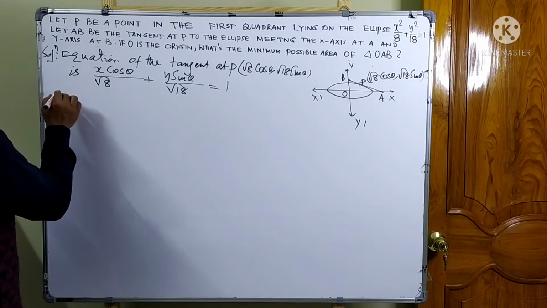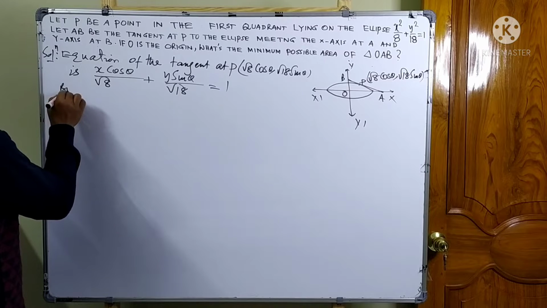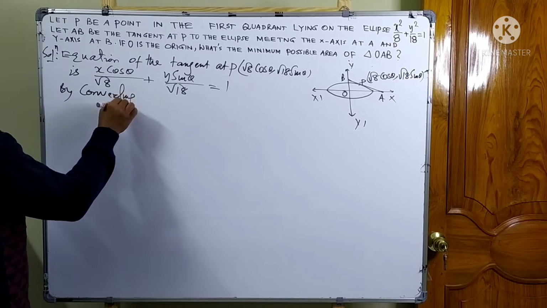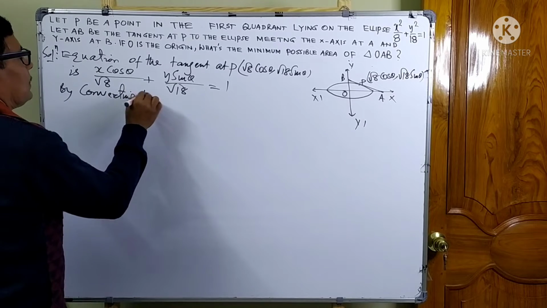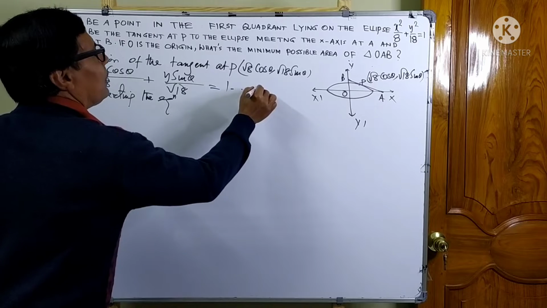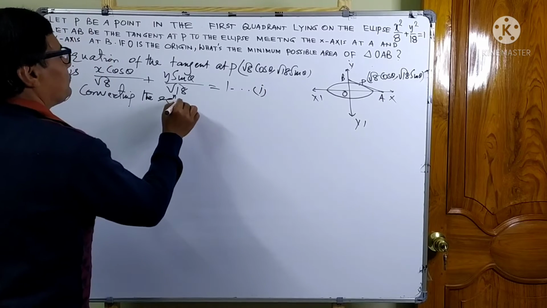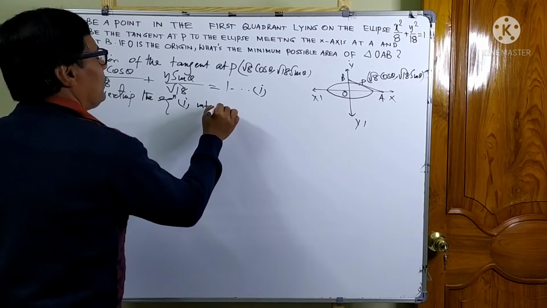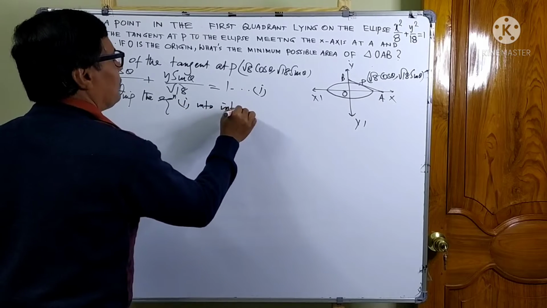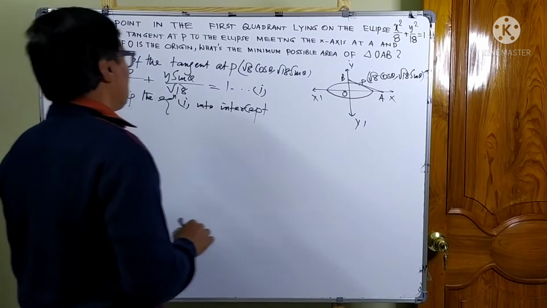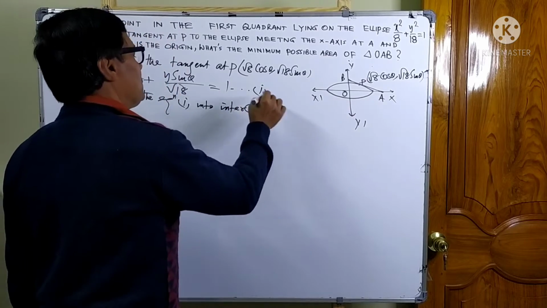By converting the equation into intercept form, we can convert the equation of any straight line into its intercept form.